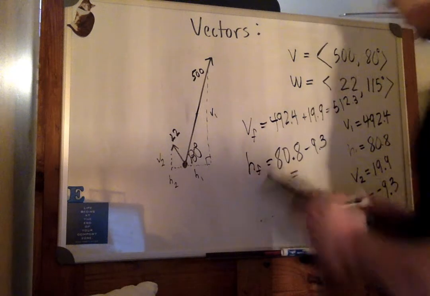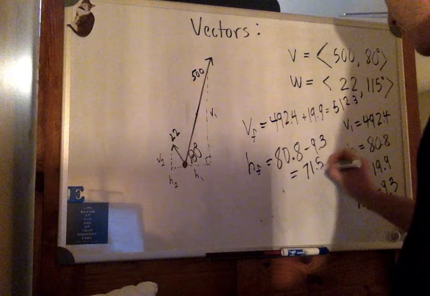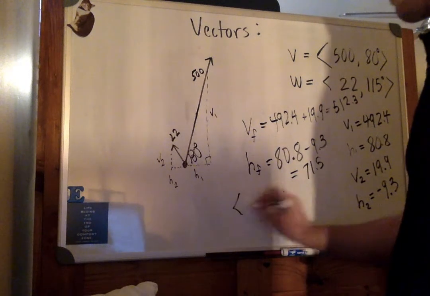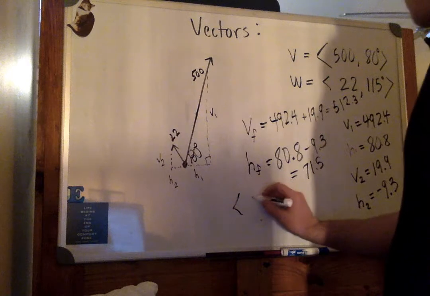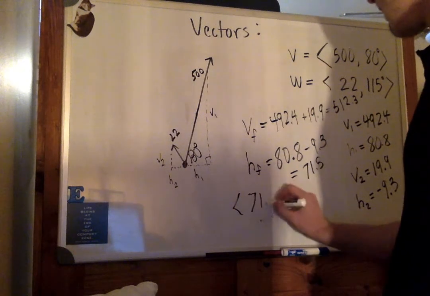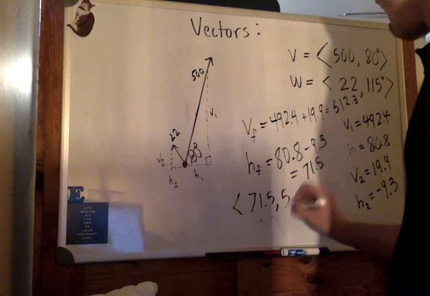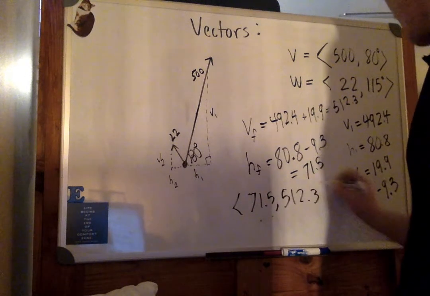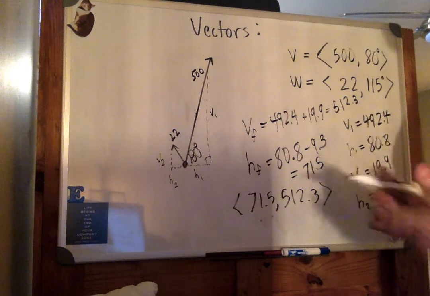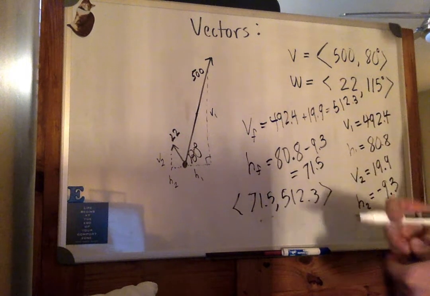I get 71.5. So that means that my very final finished vector has components of, horizontal comes first, doesn't it? X and Y. 71.5 and 512.3.